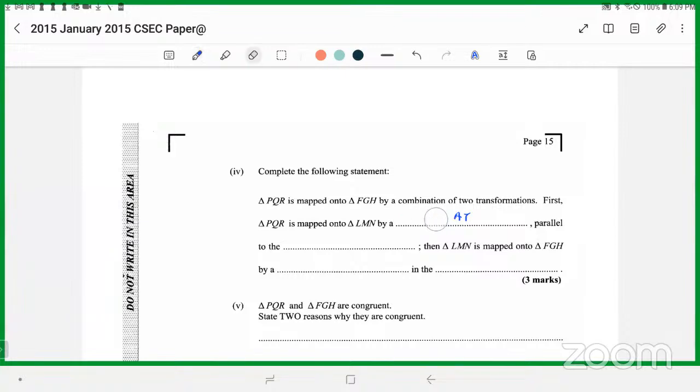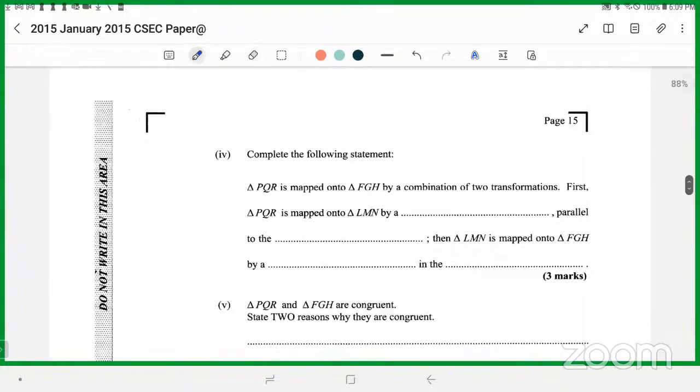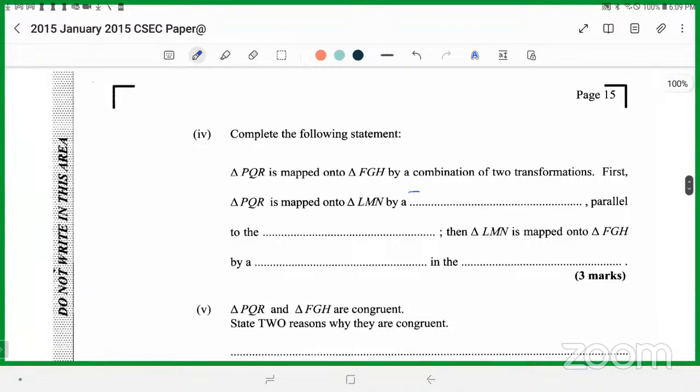Let's write this better. A translation 6 units parallel to the y-axis, as you go vertical upwards, parallel to the y-axis.